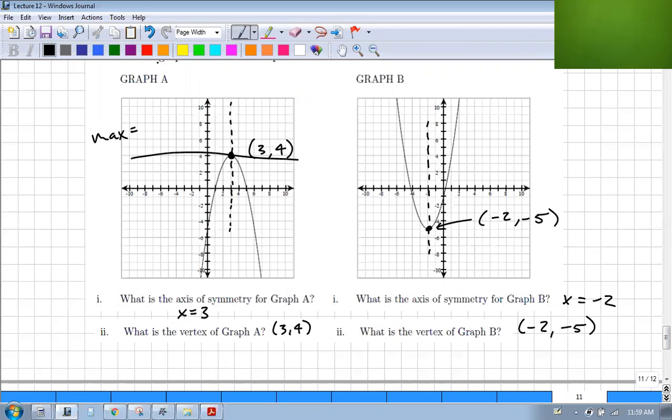The highest it goes up is at 4. There is no minimum. It goes down to -infinity. Okay. On the right here, we have a minimum at -5. The maximum, since it goes up forever, is +infinity.